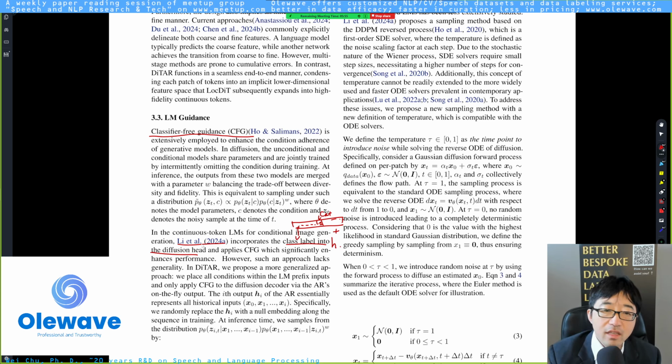If you want to use this approach, you would have to ask yourself, what is the class label for the patch of speech you want to generate? Is it a phoneme label? Is it a word? But it's super difficult for speech generation people to know.